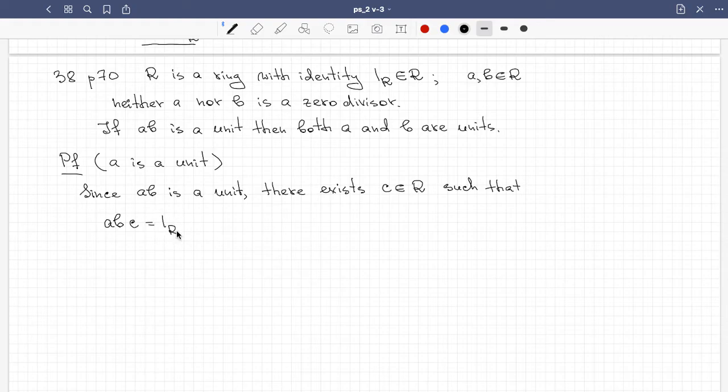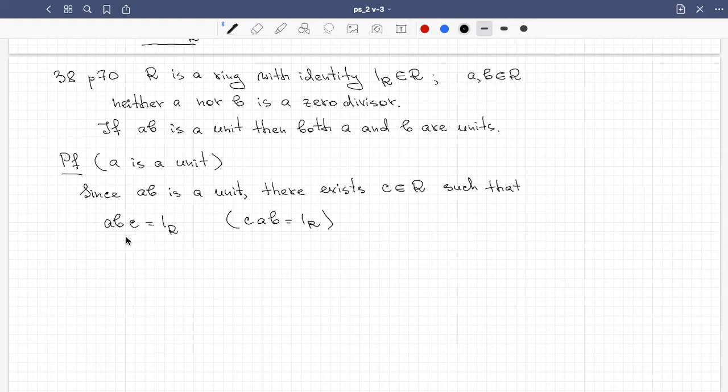In fact, also CAB equals identity, but I will not use it. So C is the inverse for A and B. Because I deal only with A, I will need only this one.